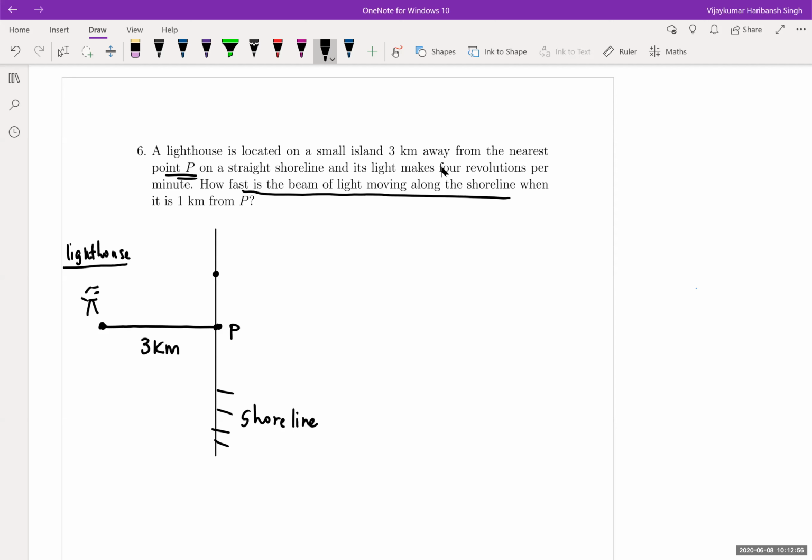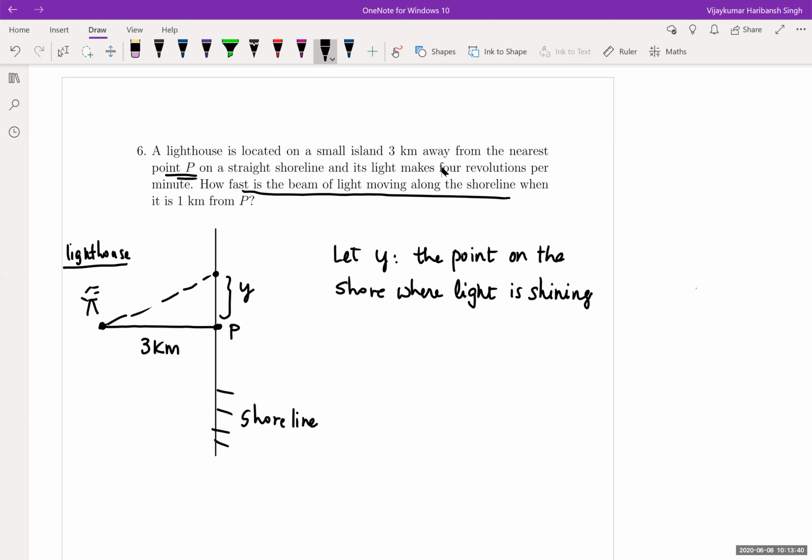So let's call this y. What is your y? Let y be the point on the shore where light is shining, from point P, so of course it's measured in kilometers because everything is given in kilometers here, 3 kilometers away, at time t.